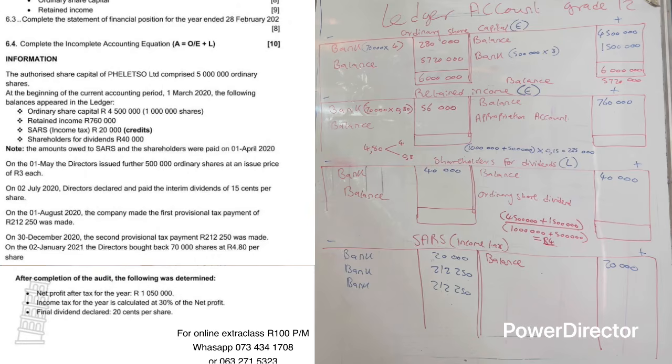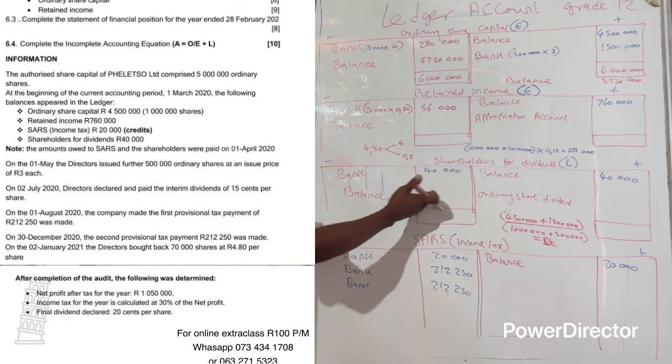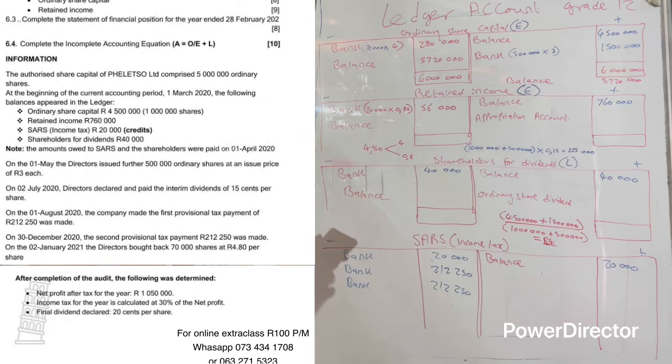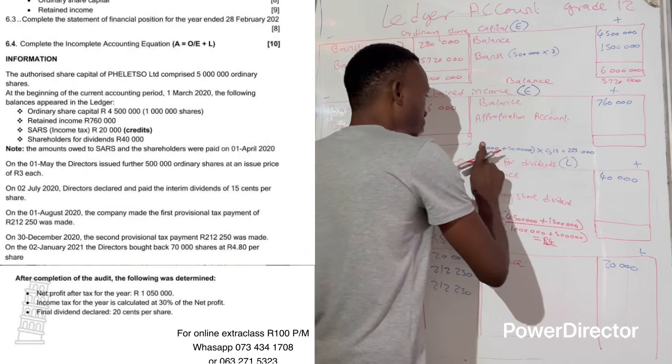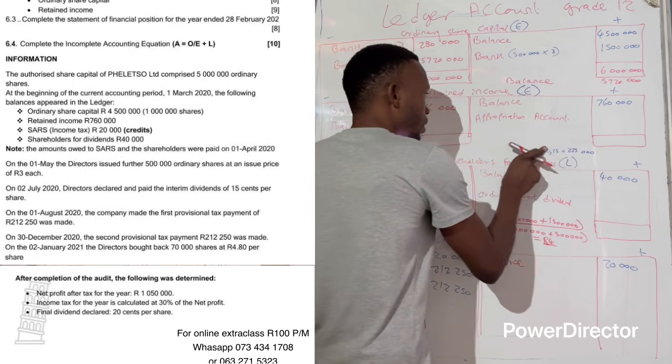Okay, shareholder for dividends. We have to calculate a final dividend at the end. They say that a final dividend declared is 20 cents per share. We must check who was available on the last day.